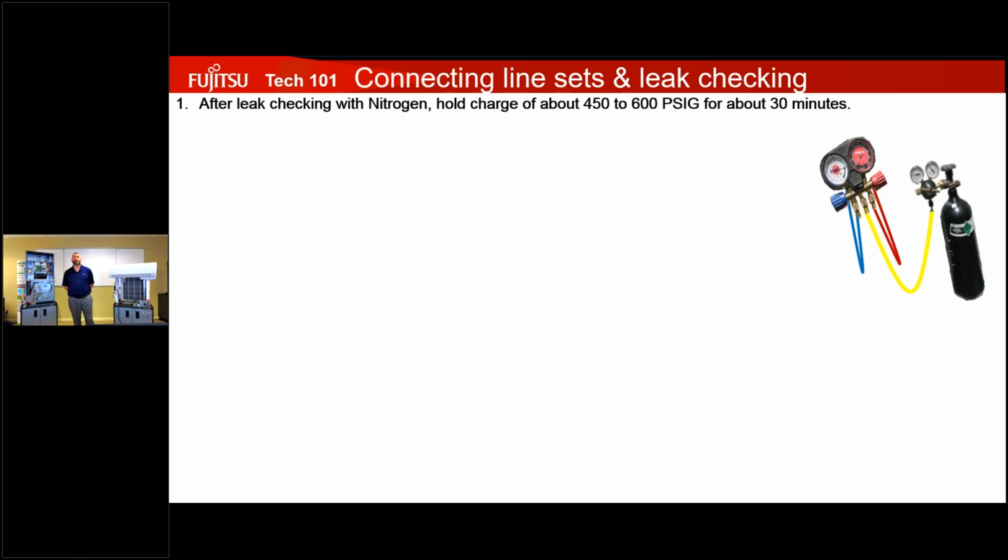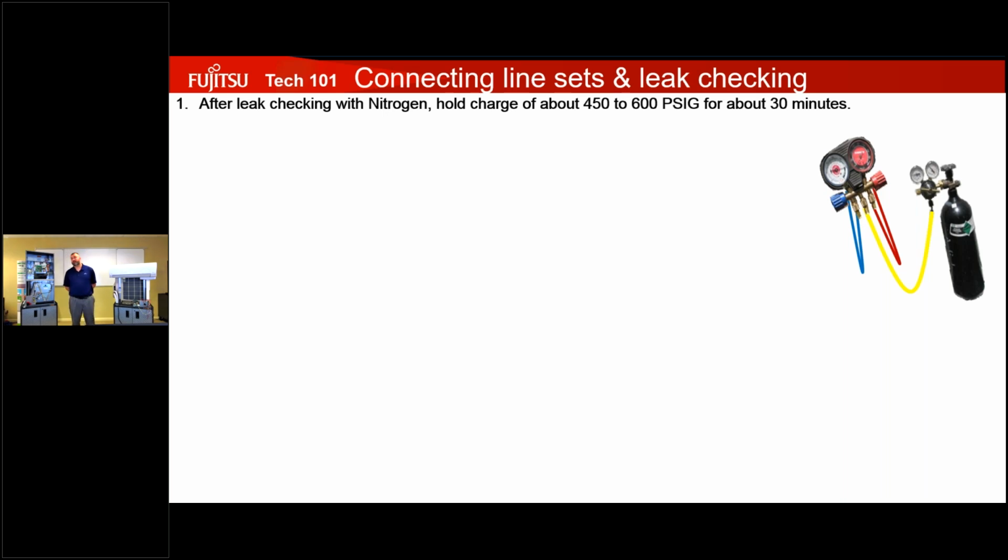That is not enough for the Fujitsu system. Remember that we are going to be operating in heating mode. We could see pressures upwards of 450 to 500 PSI, depending on outdoor and indoor ambient temperatures, and we want to make sure we are covered in that scenario.